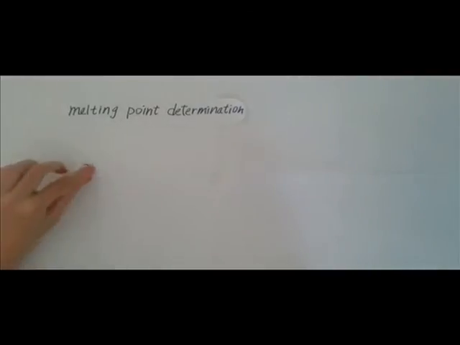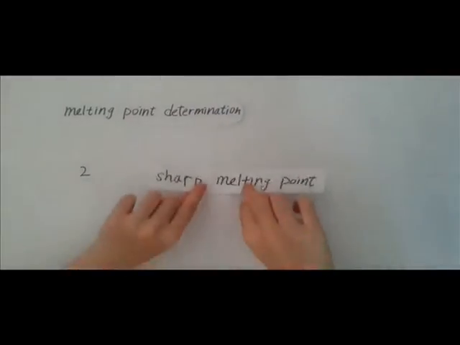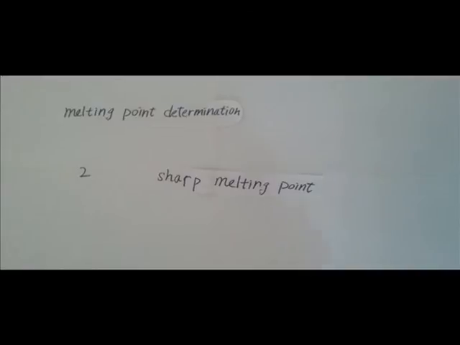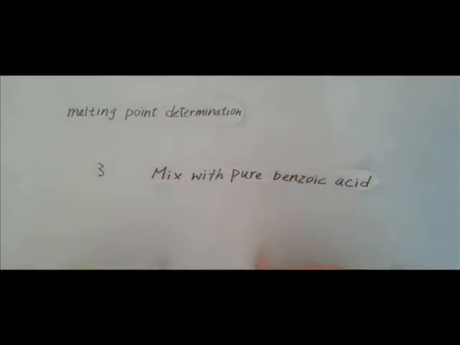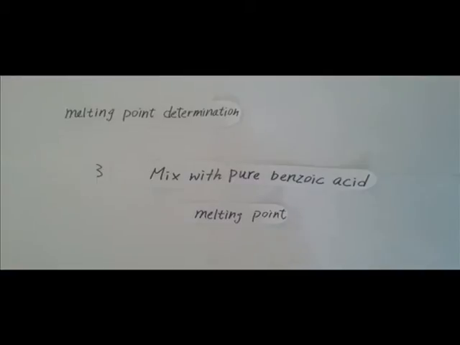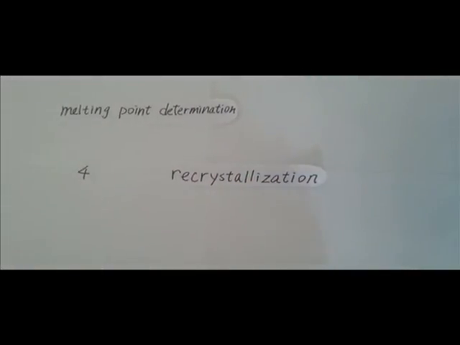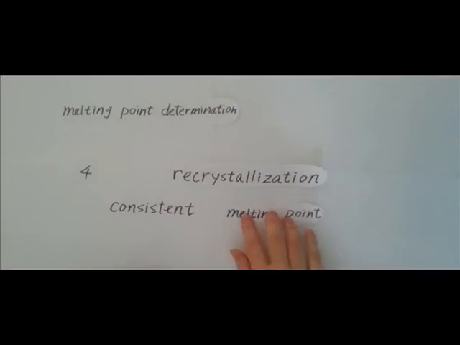Or the crystal should give a sharp melting point. Third, mix the crystal with pure benzoic acid and determine the melting point of the mixture. For the last one, carry out further recrystallization until the products obtained have a consistent melting point.